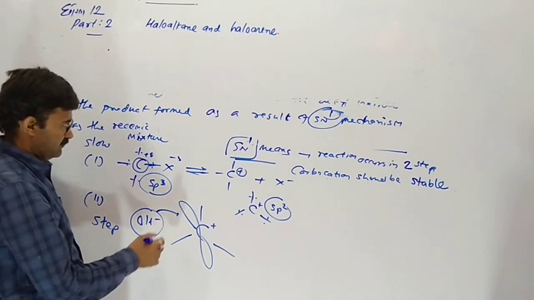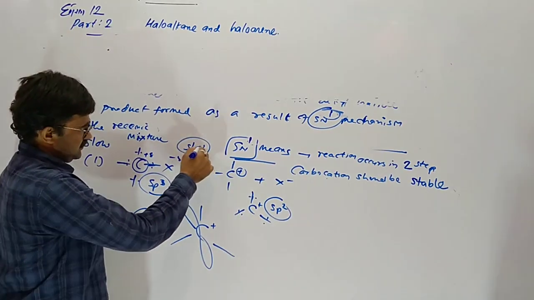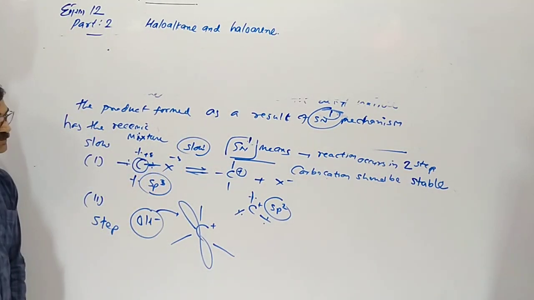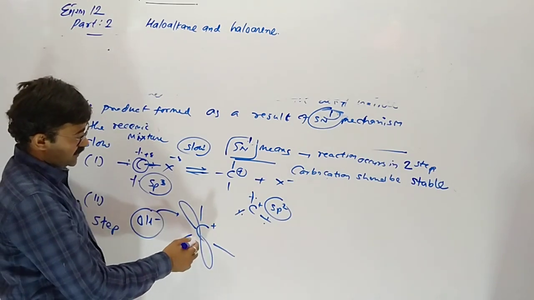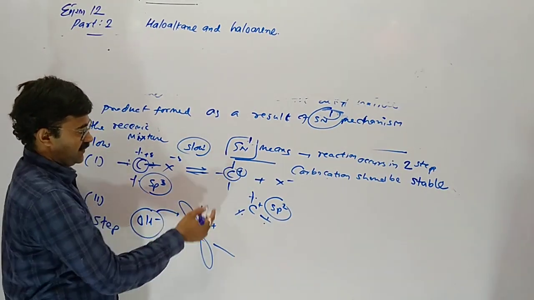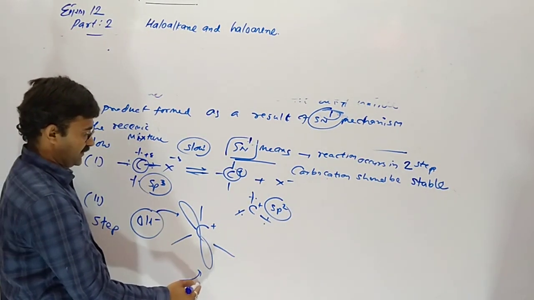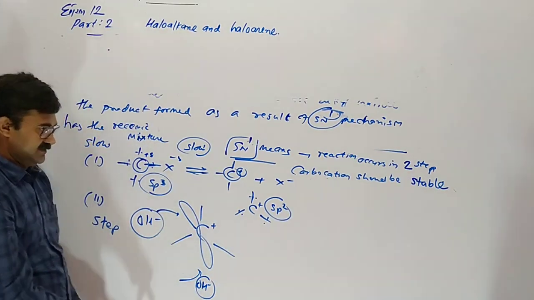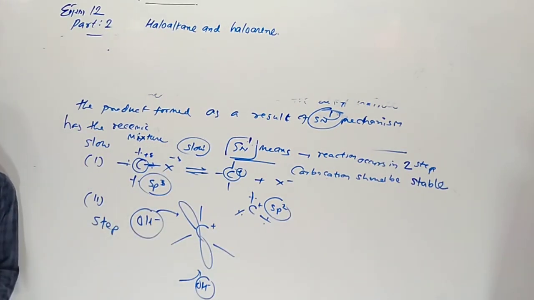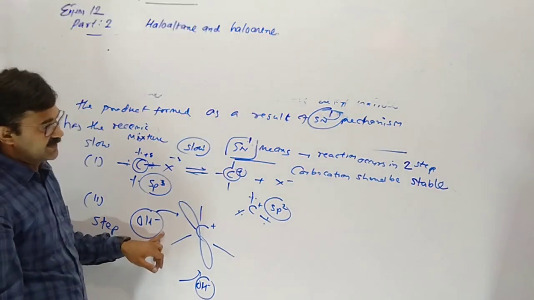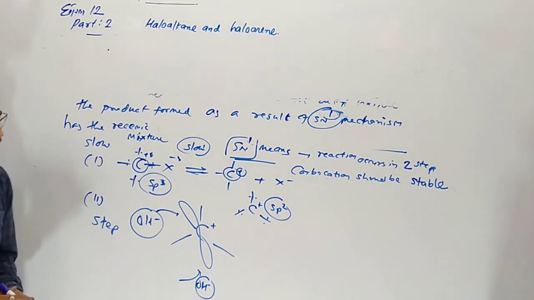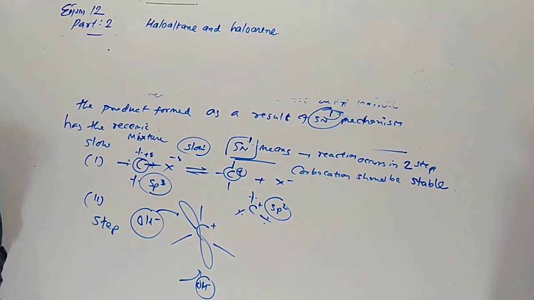After formation of the carbocation, the OH group enters from the right-hand side or the left-hand side, so 50% gives dextro and 50% levo. So a racemic mixture occurs.